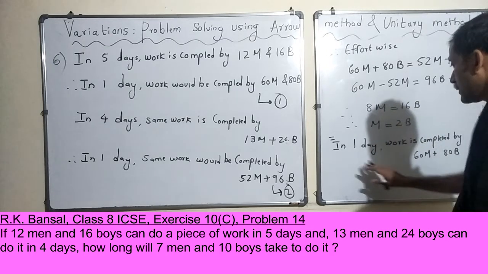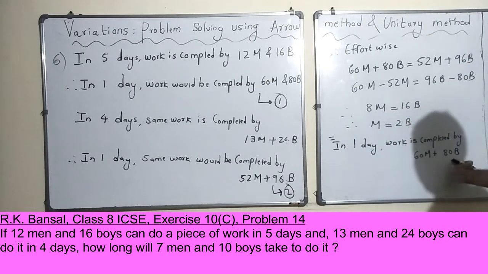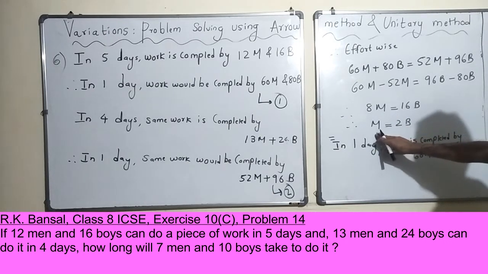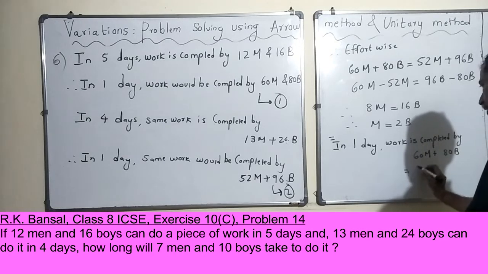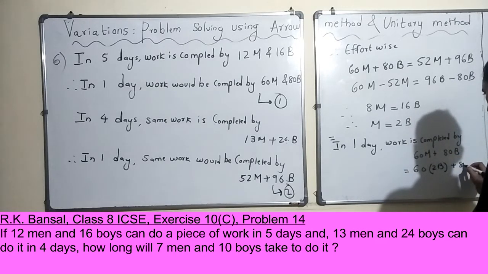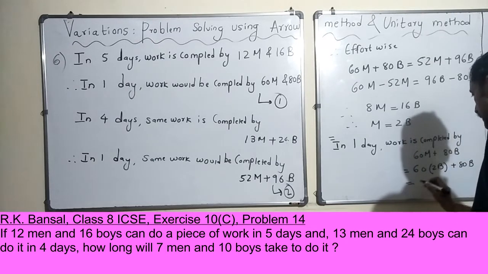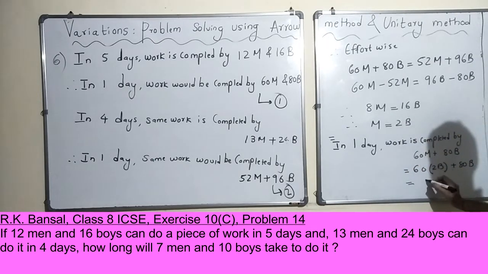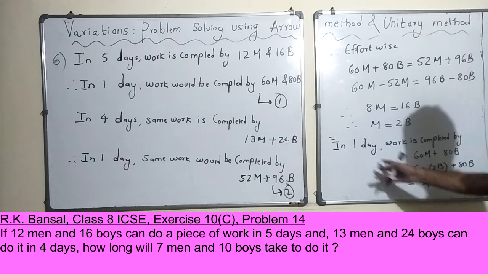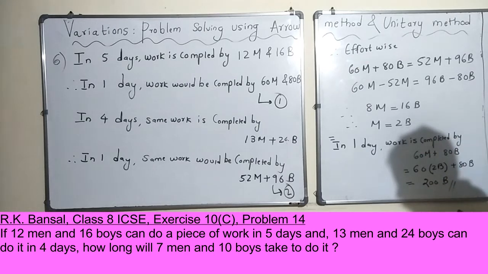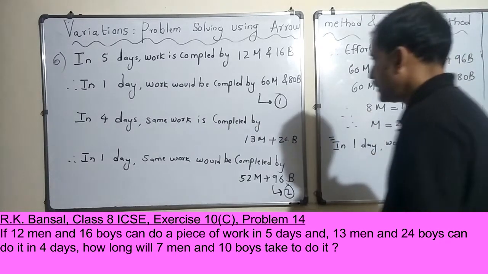So instead of men I can put boys, which is 60 into 2B plus 80B, which is nothing but 120B and 80, so 200 boys. So if you have to complete the work in one day, you need 200 boys. Just remember this.